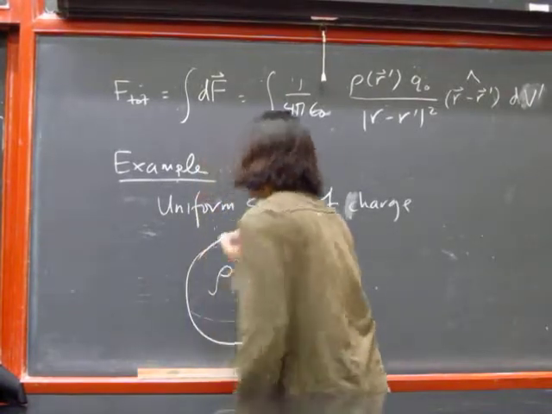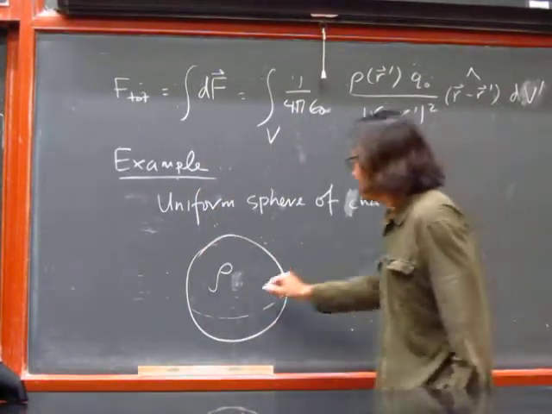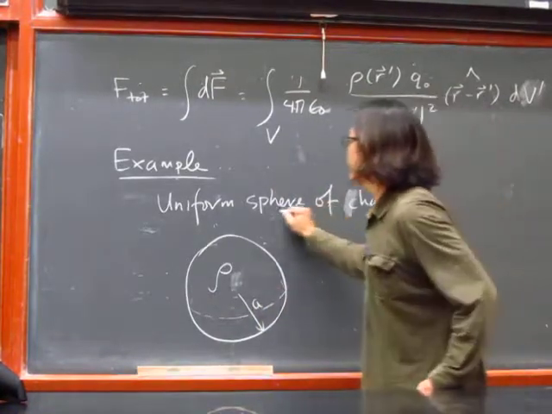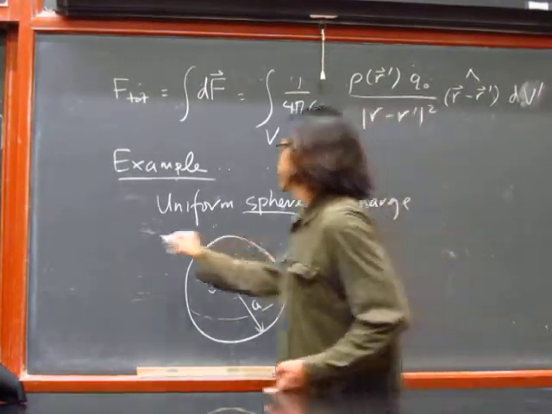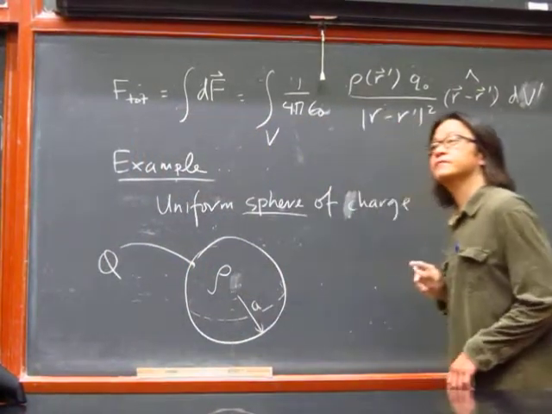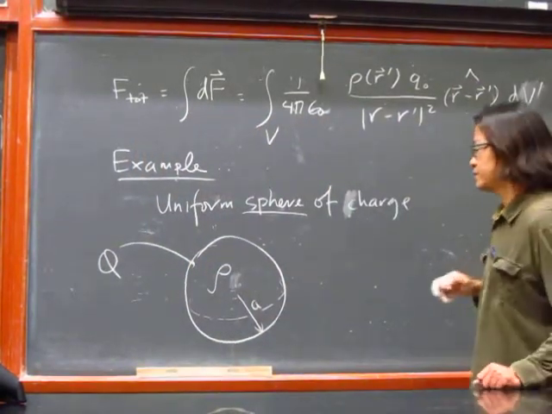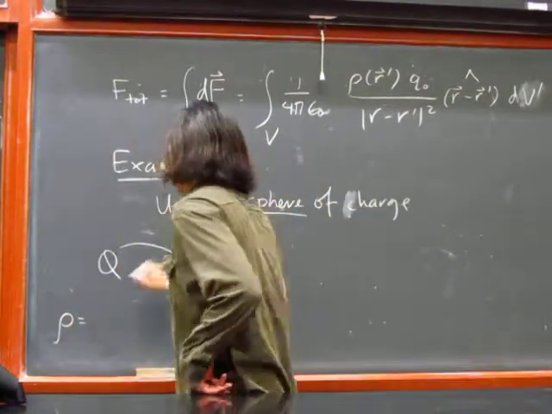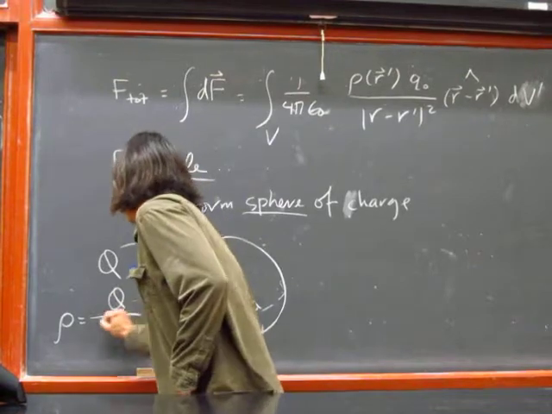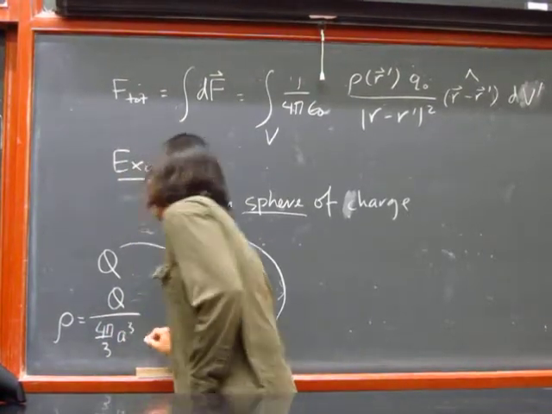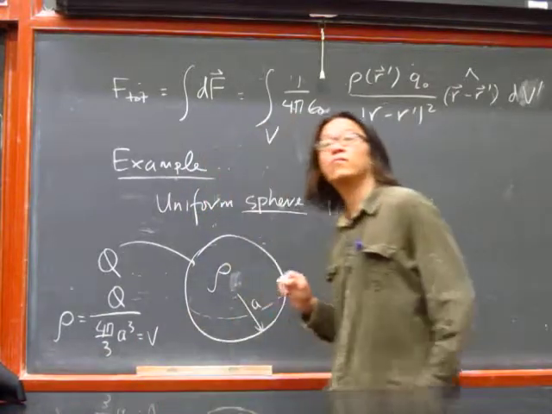And it has a uniform distribution rho. The sphere has a radius a. Okay. And then the total charge is Q. Right? So in this case here, because it's a uniform distribution, rho is just Q over 4 pi over 3 a cubed. Right? And this is the volume.